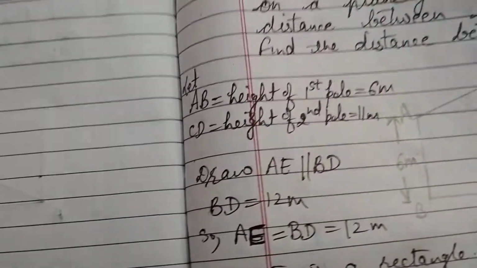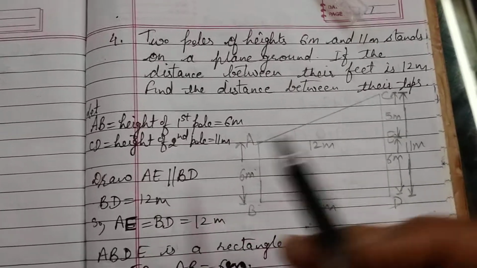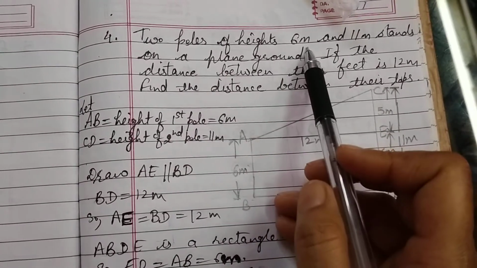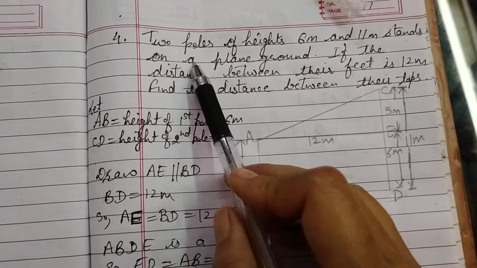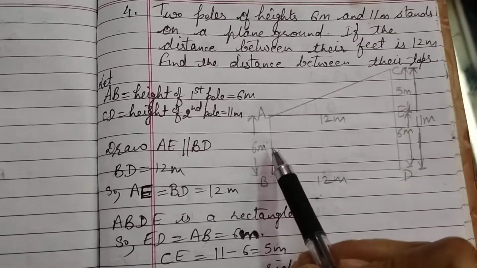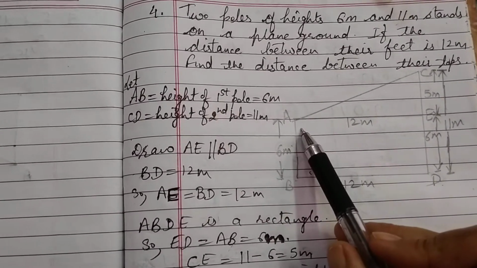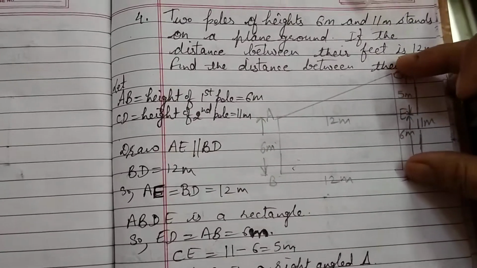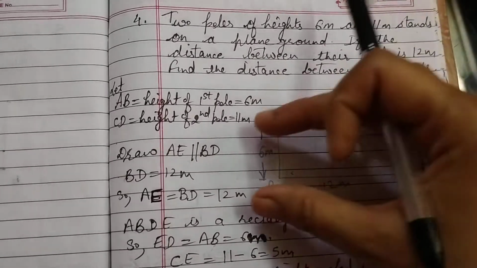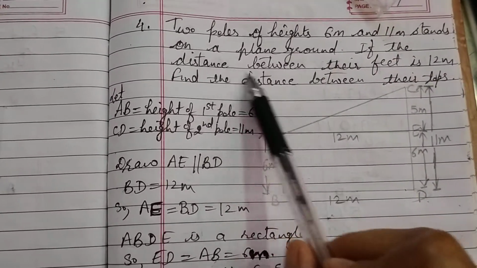Next is question number 4. The two poles of height 6 meter and 11 meter stand on a plain ground. One is 6 meter high and the other is 11 meter high.